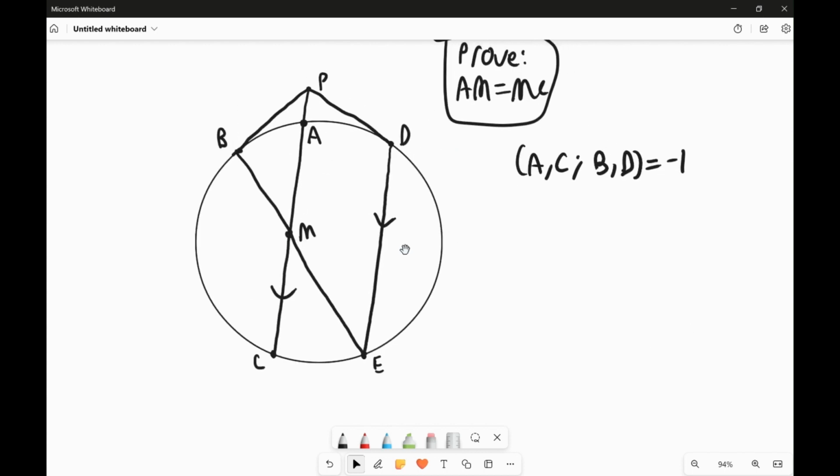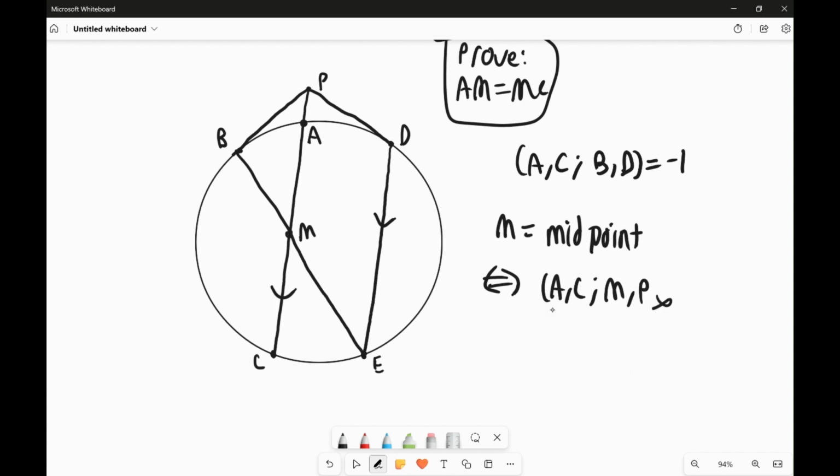M is a midpoint is equivalent to (A, C; M, P infinity), where P infinity is the point at infinity along the line AC, the end of the line, being equal to -1. Now, where could we project in order to make this cross ratio equal to this one?